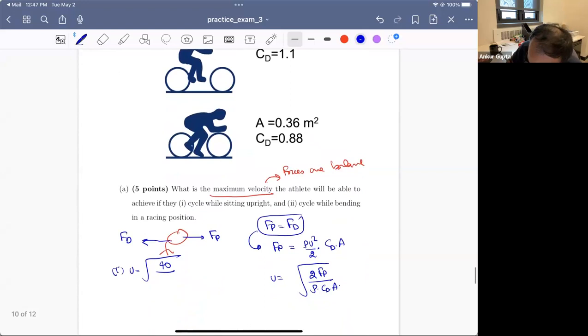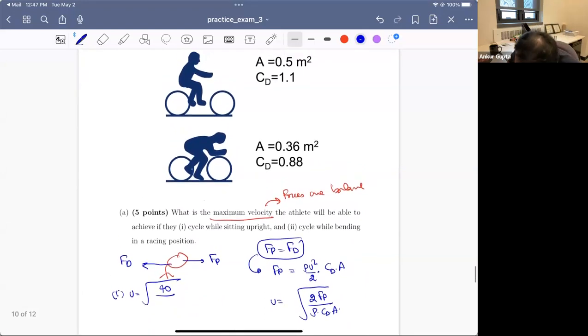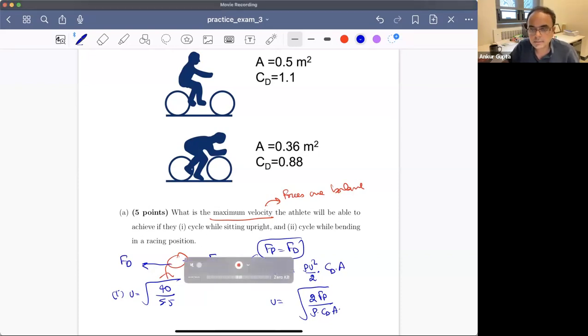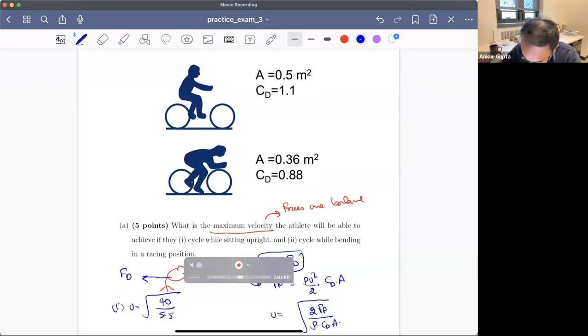CD times A, so 5.5. So 40 by 5.5. So I'll have to check the value here. Square root of 40 by 5.5 is 2.7 meters per second. So this comes out to be 2.7 meters per second.